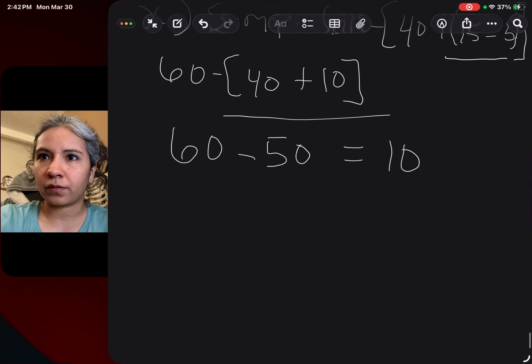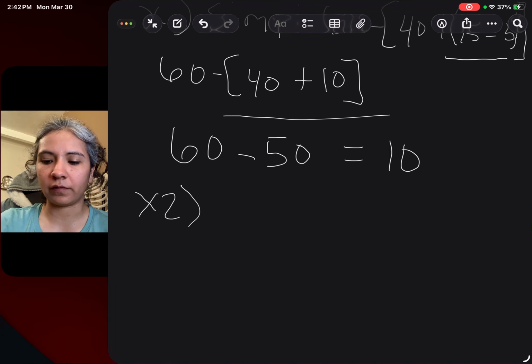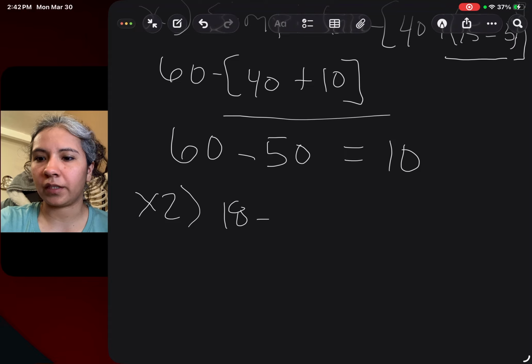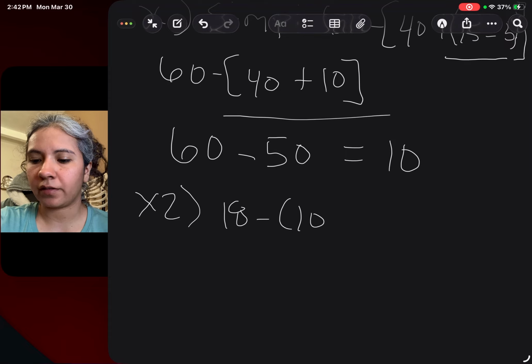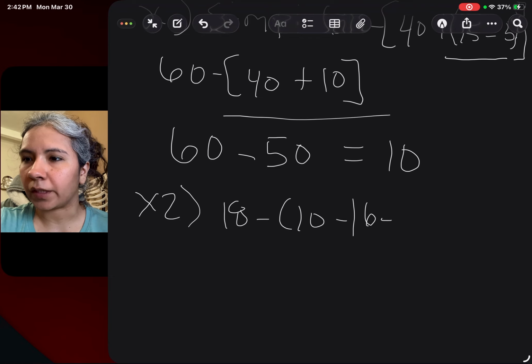We're going to also do one talking about absolute value because absolute value is also a symbol of inclusion. So let's do 18 minus (10 minus |6 minus 8| plus 2).